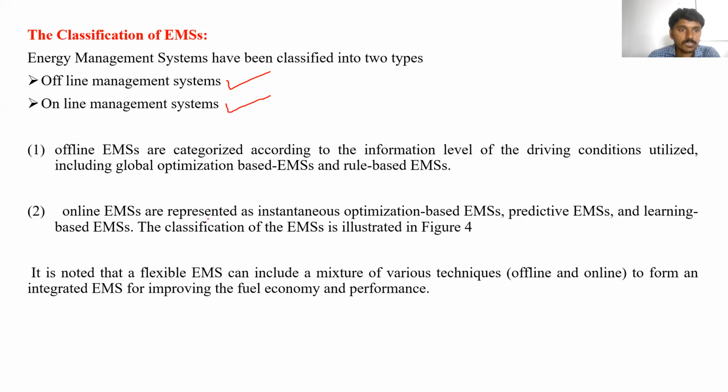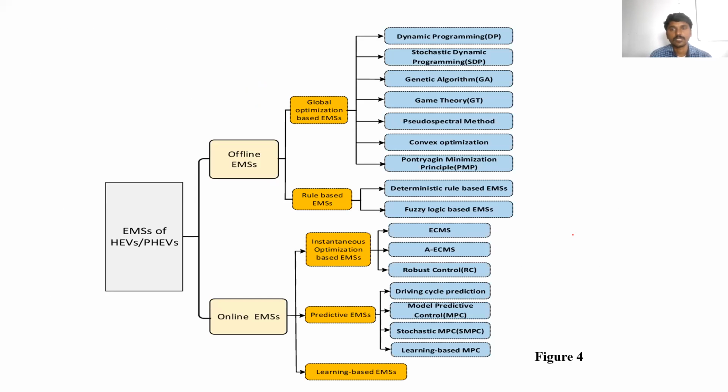Online energy management systems are represented as instantaneous optimization-based, predictive, and learning-based energy management systems. You can see the classification here in the diagram. This is the classification of the energy management systems for hybrid electric vehicles or plug-in hybrid electric vehicles.